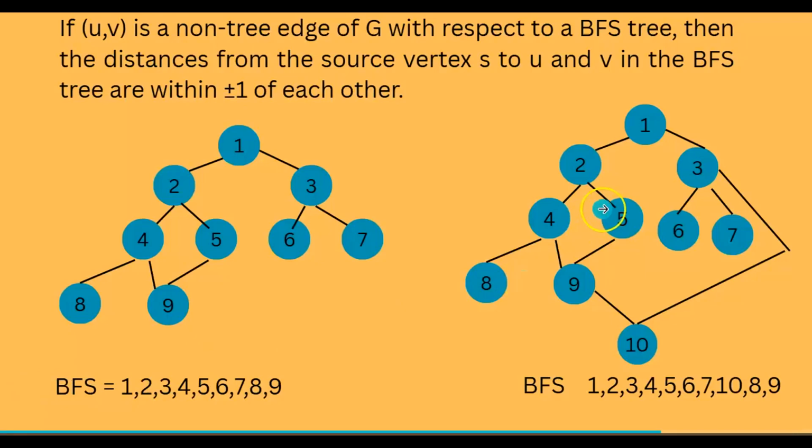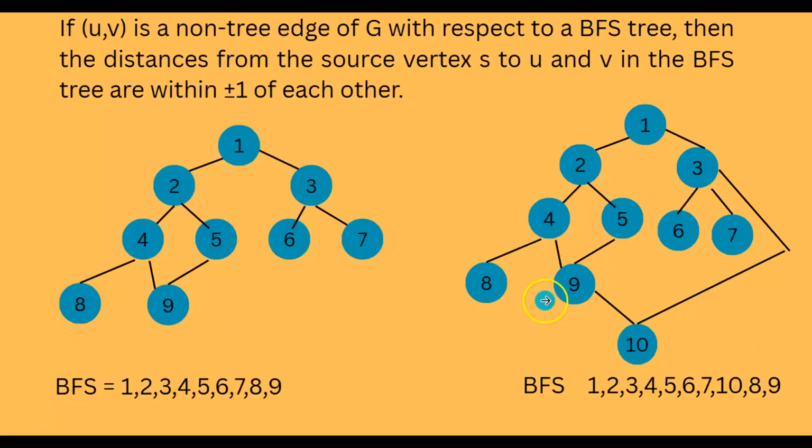When we consider this example, the BFS of this tree is root node 1, then children of root node 1 are 2 and 3, and children of 2 are 4, 5, and children of 3 are 6, 7. This 10 also will be included now itself. But as you see, once the distance exceeds more than 1, it becomes a tree edge, so that means it is part of the BFS.